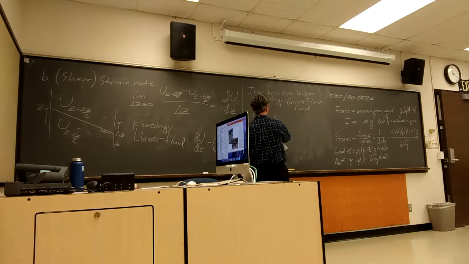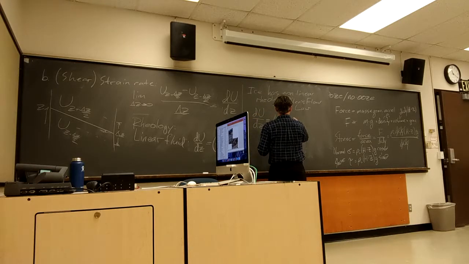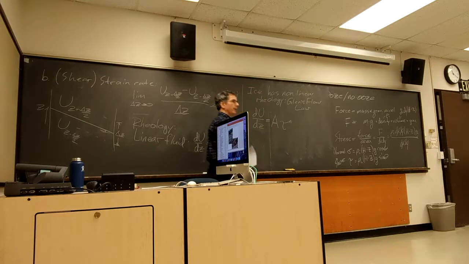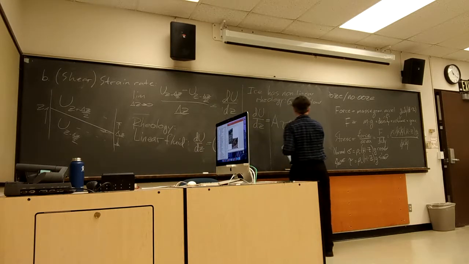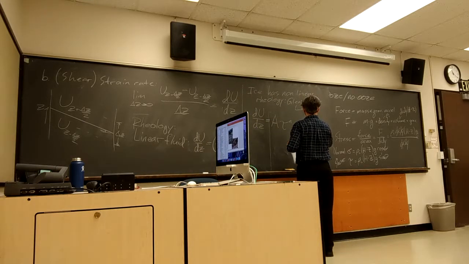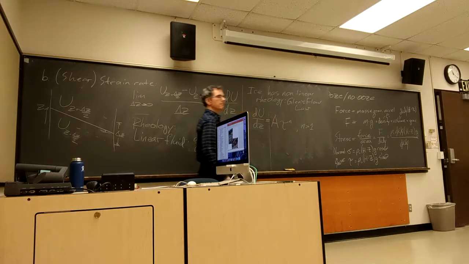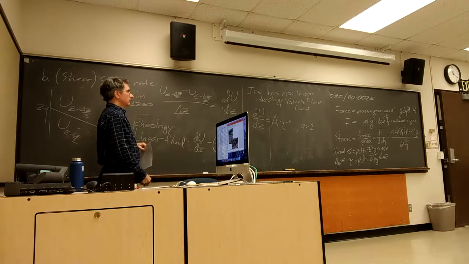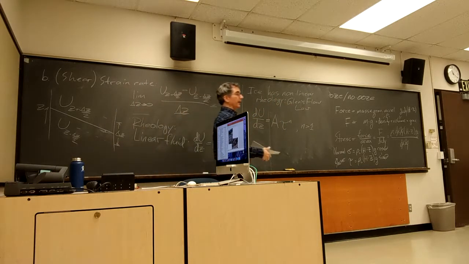We use some capital letter A for the constant, and we raise shear stress to some power n, where n is greater than 1. Typical values of n are, say, 3, maybe 4, but we'll use 3 just because that's a value to use.